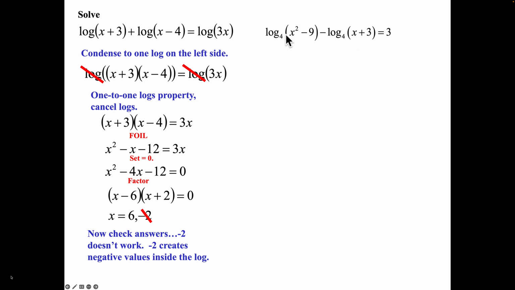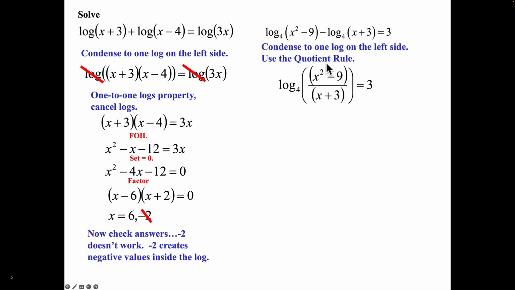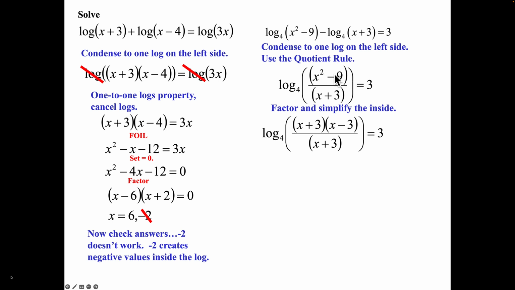On the next example, same situation. We have a minus sign, so we're going to condense this to 1 log by using the quotient rule. Log base 4. On the top, we'll put x squared minus 9. On the bottom, x plus 3. That's a difference of perfect squares. This binomial is part of these factors up here.